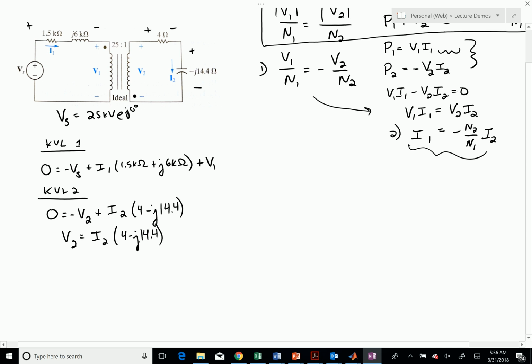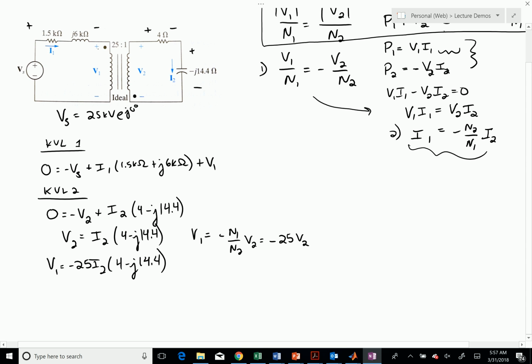And what do I know? Well, in this case, I know that V1 equals negative N1 over N2 times V2. So negative 25 V2. So I know that V1 equals minus 25 I2 times 4 minus j 14.4.